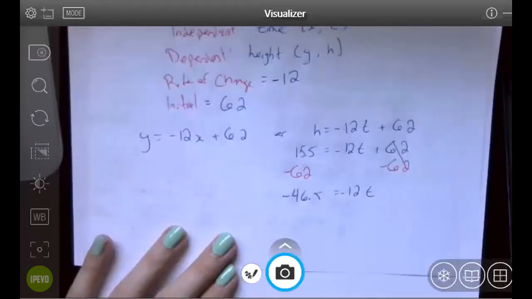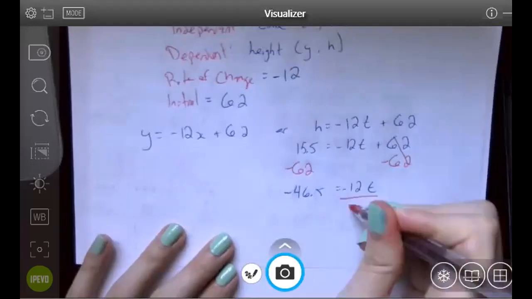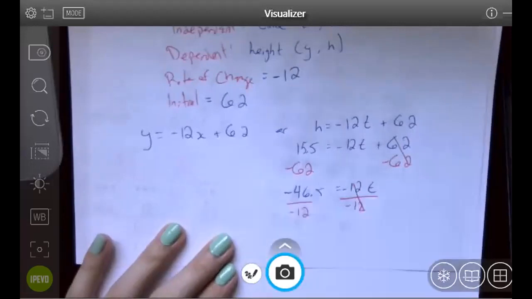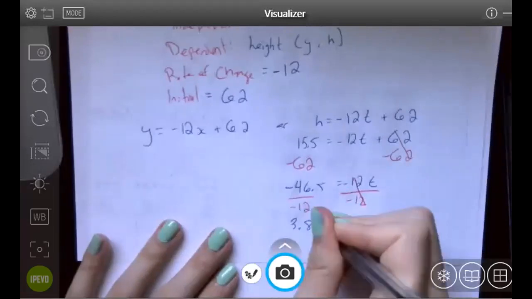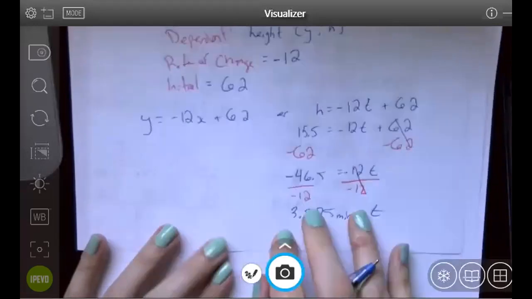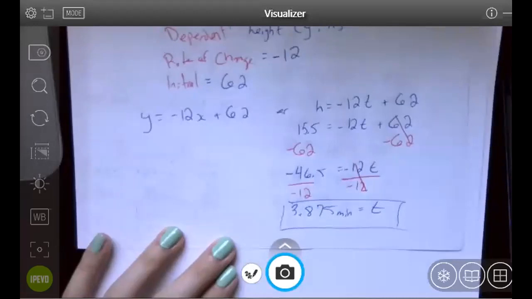And then, of course, we need to move the negative 12 away from the t. We divide to do that. And that gives us 3.875 minutes as our t value. So that would be our final answer. You could round it to 3.9 minutes if you'd like.